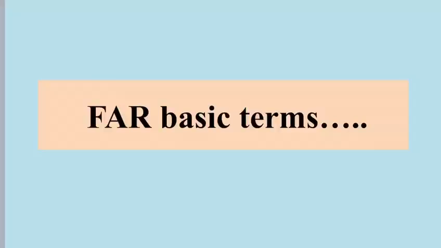In continuation with our first lecture, and before moving ahead to understand how to write the books of account and how to finalize the final statements, let us first understand some basic terms that we are going to use while doing this accounting work.